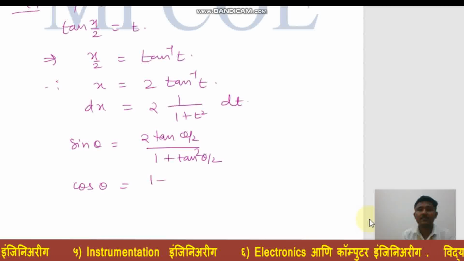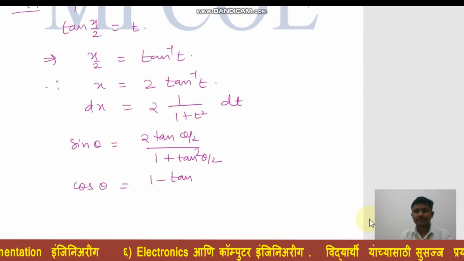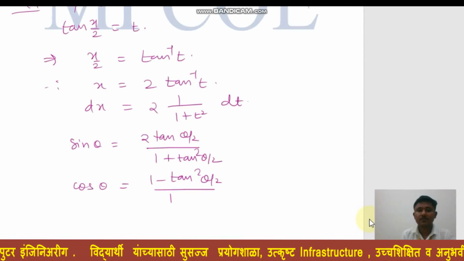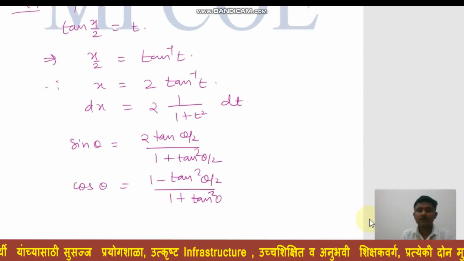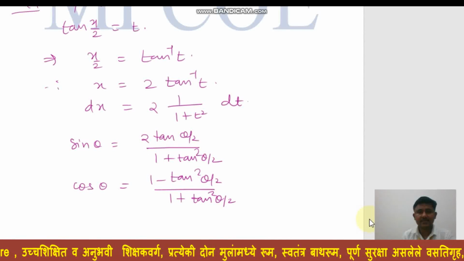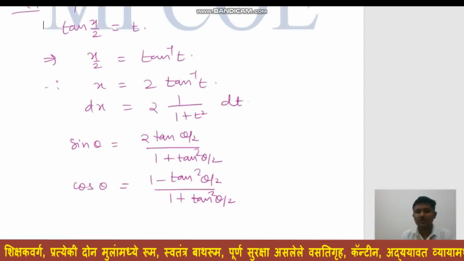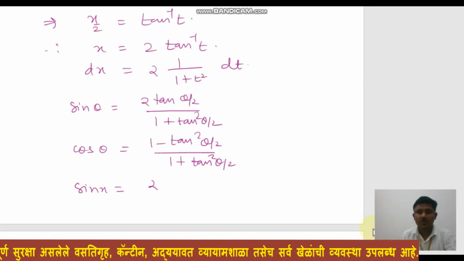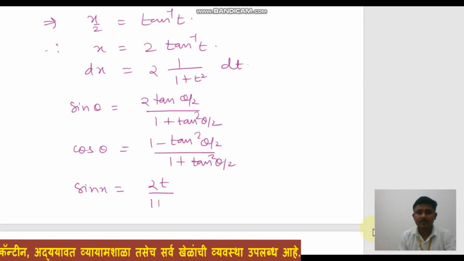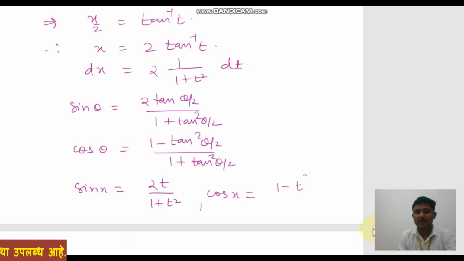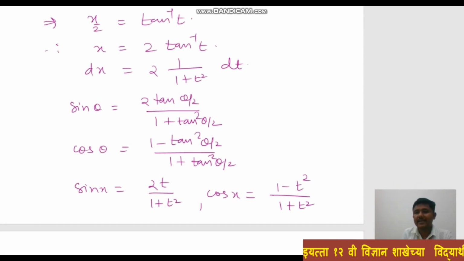Cos of theta is equal to 1 minus tan square theta by 2 upon 1 plus tan square theta by 2. So if we replace theta by x, this will be sin x, and that is 2t upon 1 plus t square, and cos of x will be 1 minus t square upon 1 plus t square.